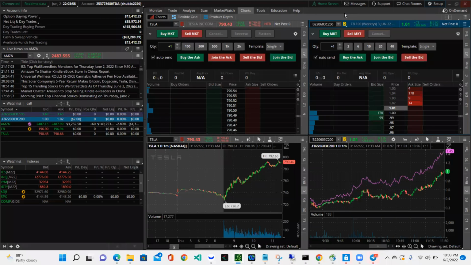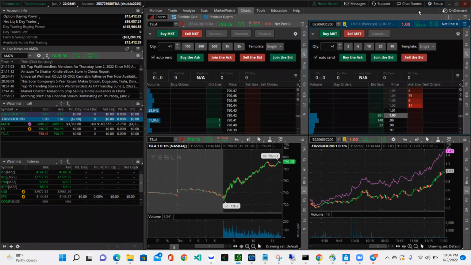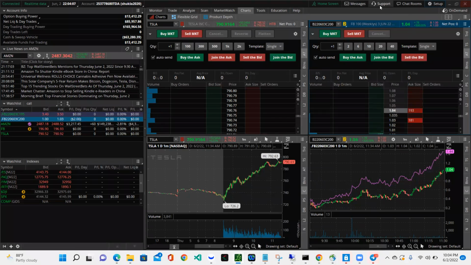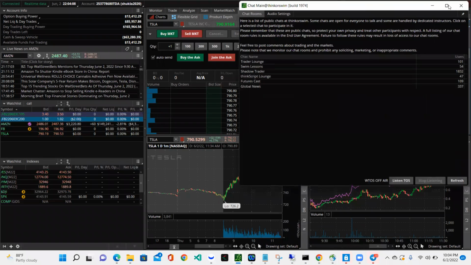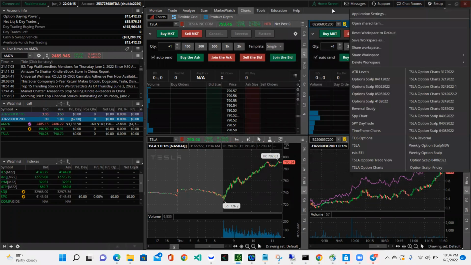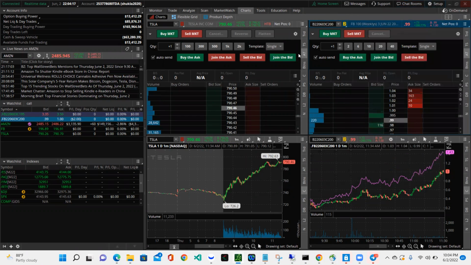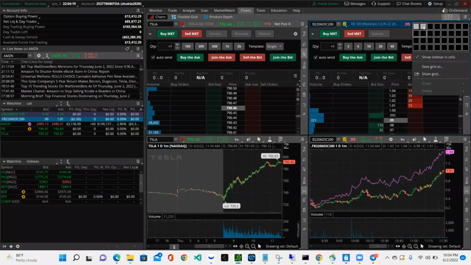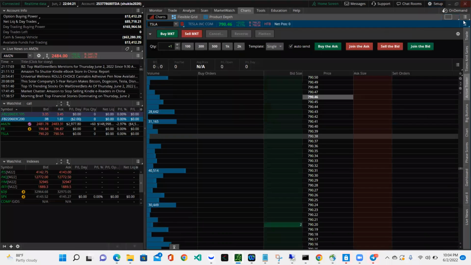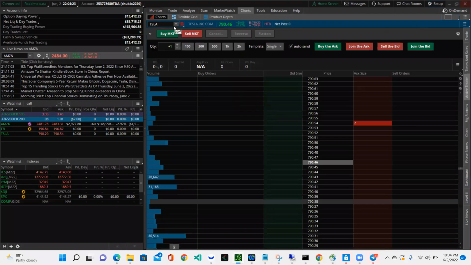I do want to show you how to set up indicators. There's one more thing I want to quickly show: a way to add studies. This is one good part I like about Thinkorswim. So where is that?